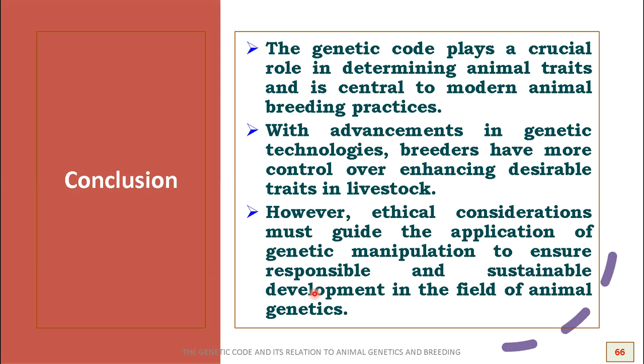Then finally, we come to the conclusion that the genetic code plays a very important role, especially in the animal's traits, and is central to modern animal breeding practices. With advancement in genetic technologies, breeders have more control over enhancing desirable traits.